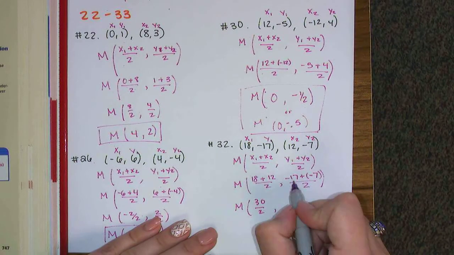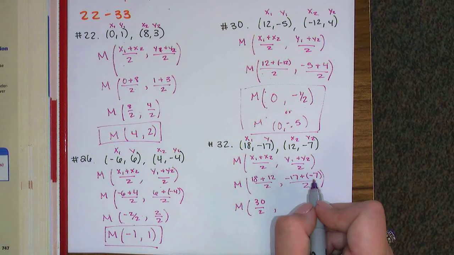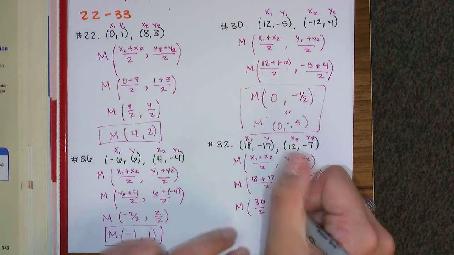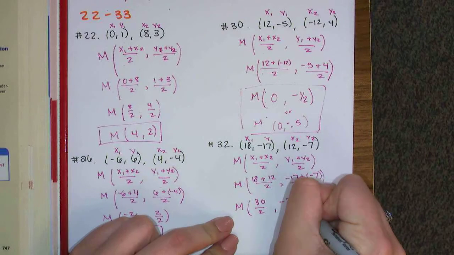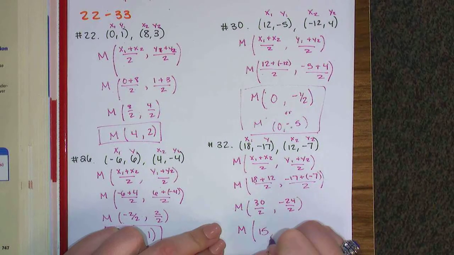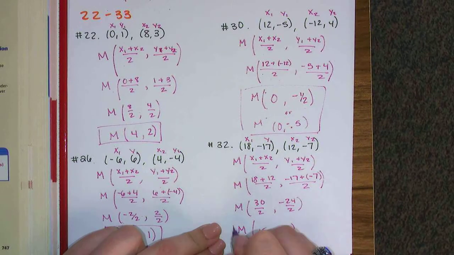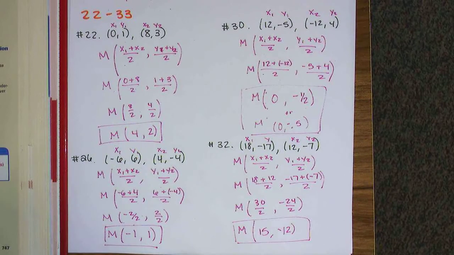Negative 17 minus 7 is negative 24 over 2. And 30 divided by 2 is 15, and negative 24 divided by 2 is negative 12. And there is your answer.